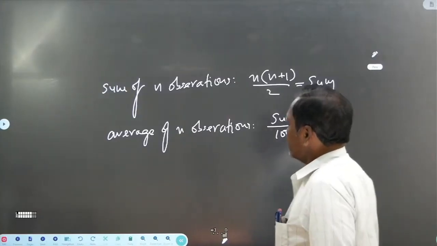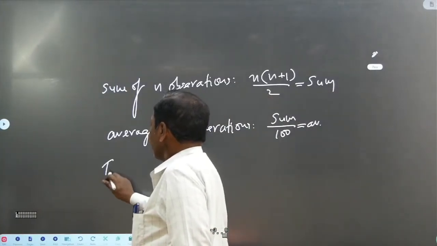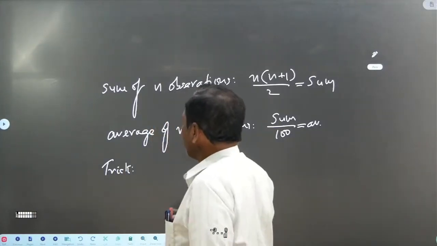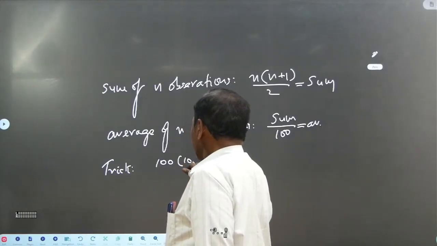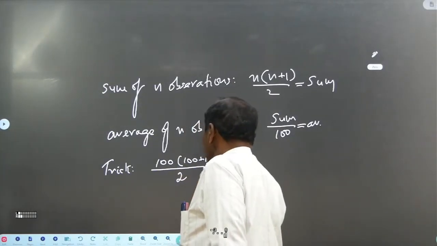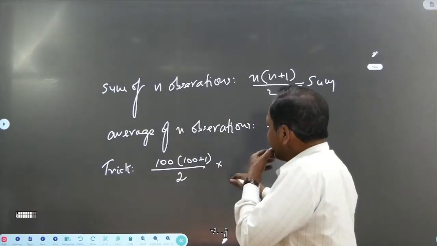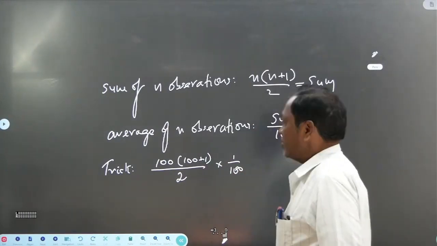Now, what is the trick of solving at a stretch? The number of observations is 100, so the sum is 100 into 100 plus 1 by 2, and this is divided by the number of observations, 100.